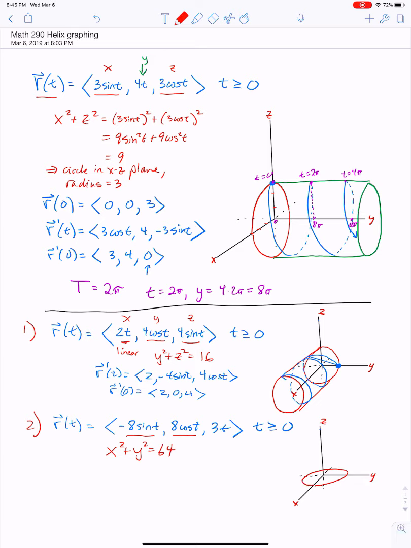And the z component is the linear part, so it's going to go up parallel to the z-axis, something like that. And then the derivative, r prime of t, would be equal to negative 8 cosine t, negative 8 sine t, and a positive 3.